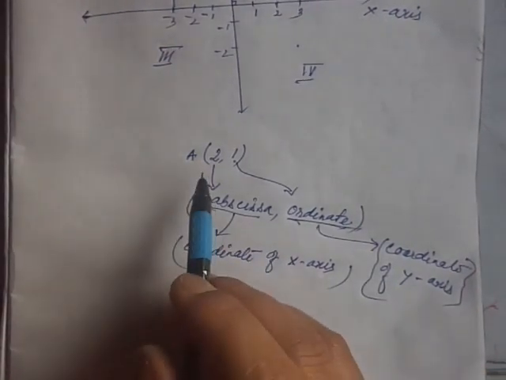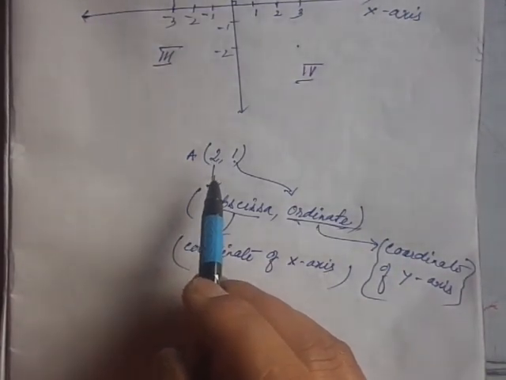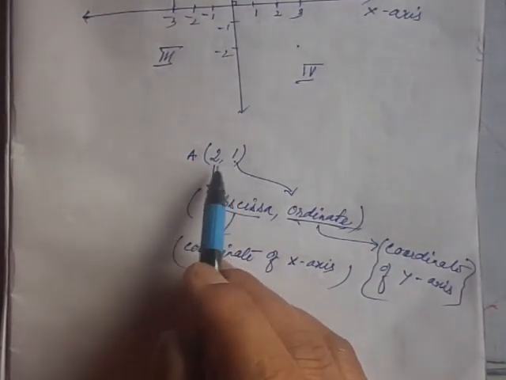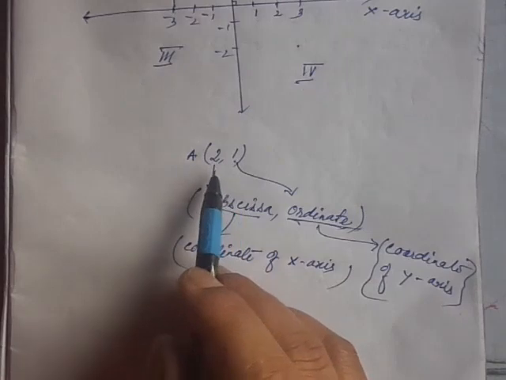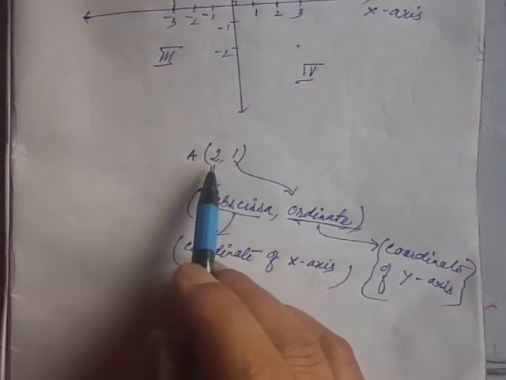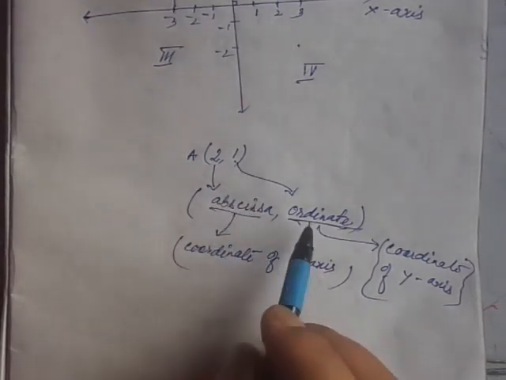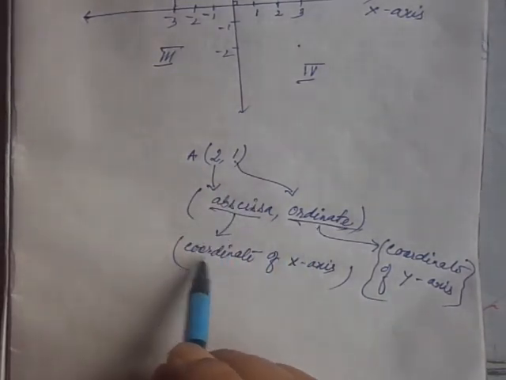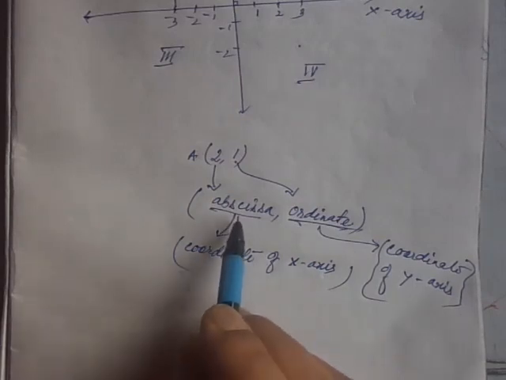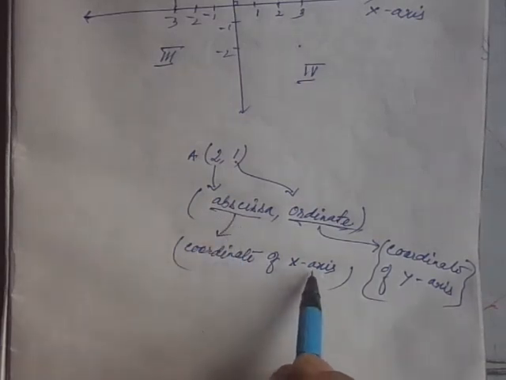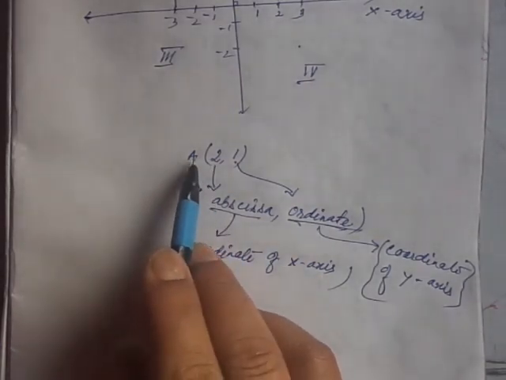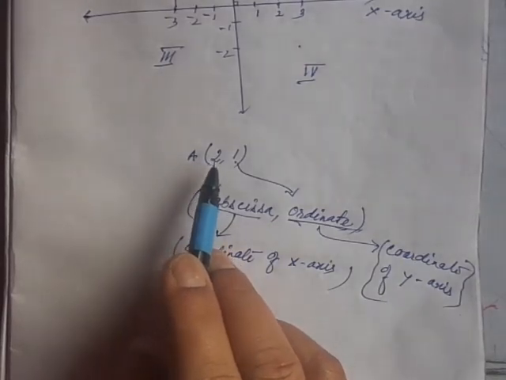So any point on a graph can be represented by a pair of numbers called coordinates, or we say an ordered pair. The first number we call abscissa, the second one ordinate. Abscissa or coordinate of x-axis. So when you say abscissa or coordinate of x-axis, it is the distance of this point from the y-axis.